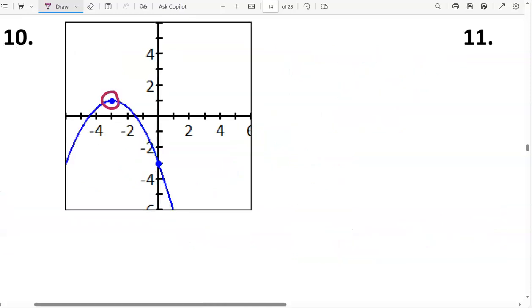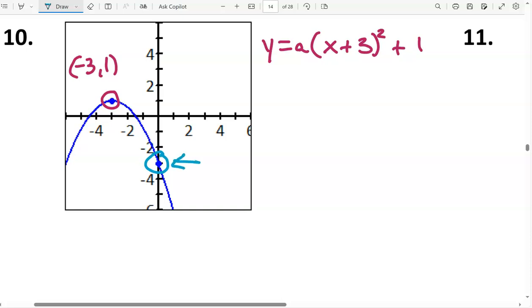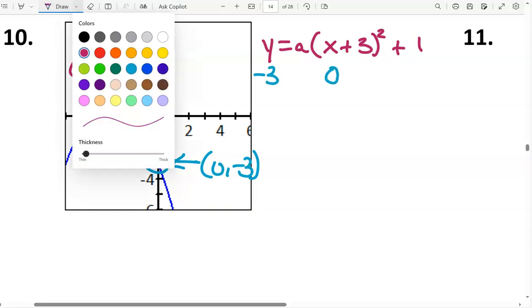In number 10, we have again a vertex at (-3, 1). So the equation can be written in vertex form, y equals a times (x plus 3) squared plus 1. And now we just need the extra point to help us find the value of a. The extra point is located at (0, -3). So I'm going to replace my y with negative 3 and my x with 0.